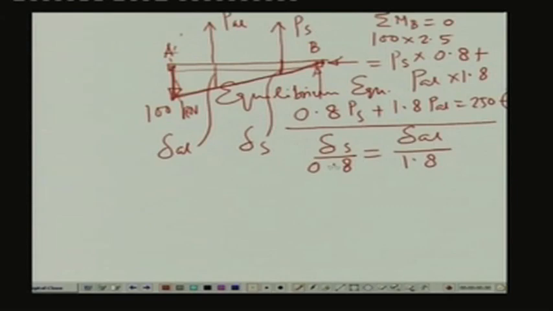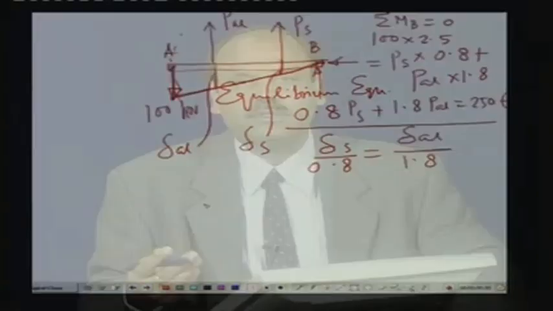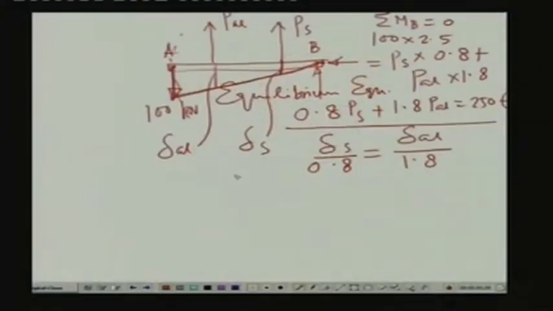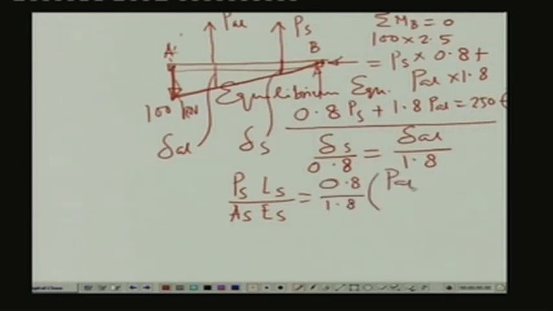And if we write delta in terms of P using Hooke's law, which is PL by AE, then for steel this is Ps Ls by As Es, equals 0.8 divided by 1.8 times P aluminum L aluminum divided by A aluminum E aluminum.